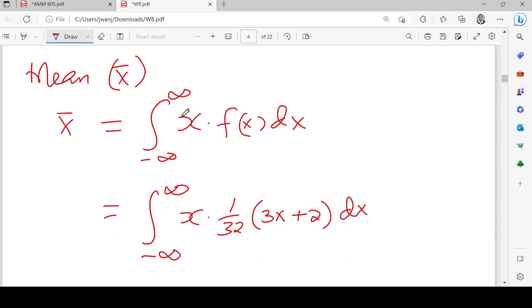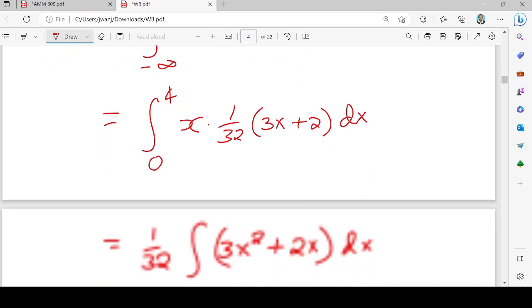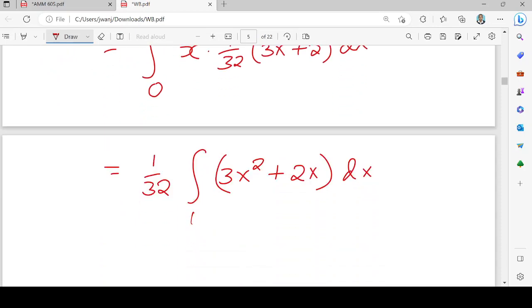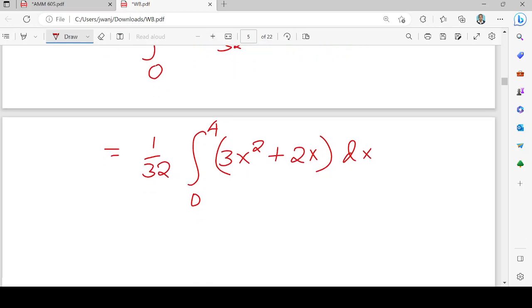The limits are not from negative infinity to infinity now, because between negative infinity and 0 the function is 0, so multiplying x by 0 still gives us 0. The only section where we have a non-zero value is between 0 and 4, so our limits will be from 0 to 4.